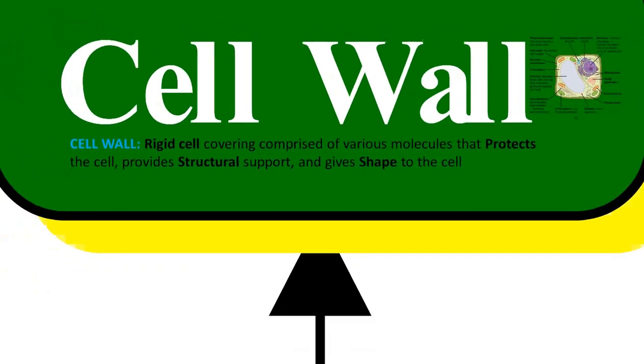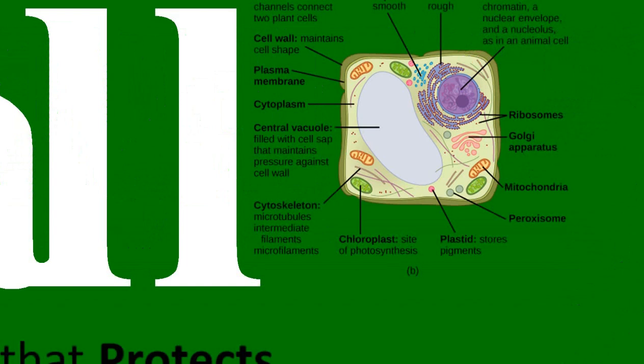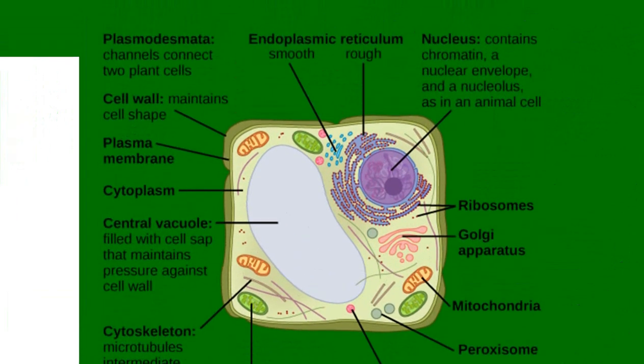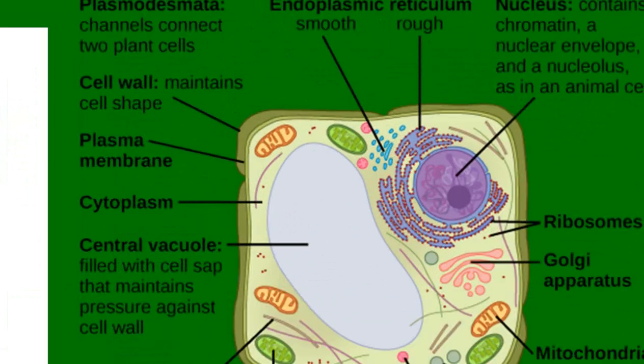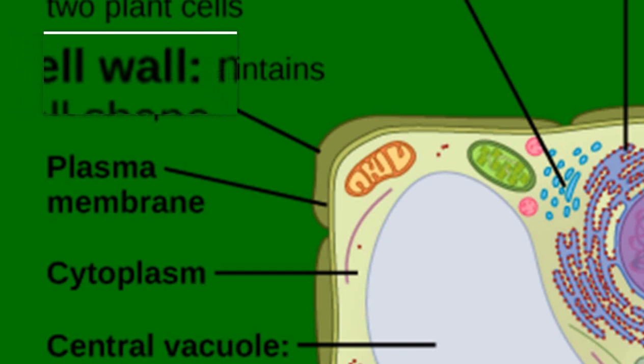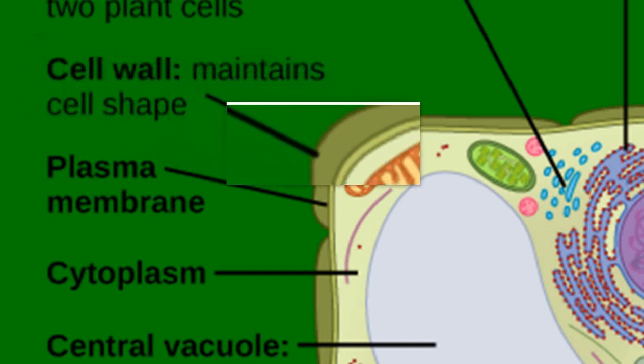In plant cells only, we find the presence of the cell wall. Here we can see the cell wall that maintains the shape. This is the unique feature when we compare with the animal cells.